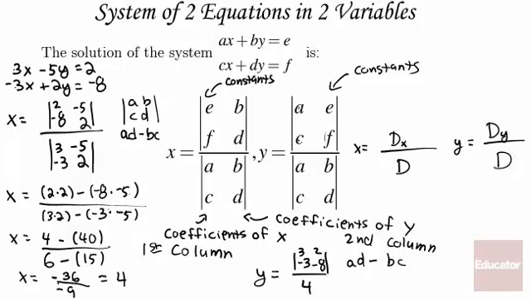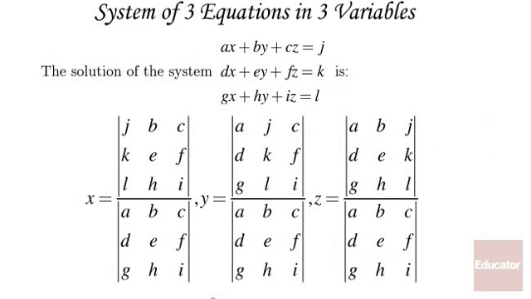Okay. Cramer's rule can also be used to solve systems of equations in 3 variables. And although this looks pretty complicated, it's actually the same idea as we just covered. Looking in the denominator, this first column is the coefficients of x, just like we talked about with systems of 2 equations.